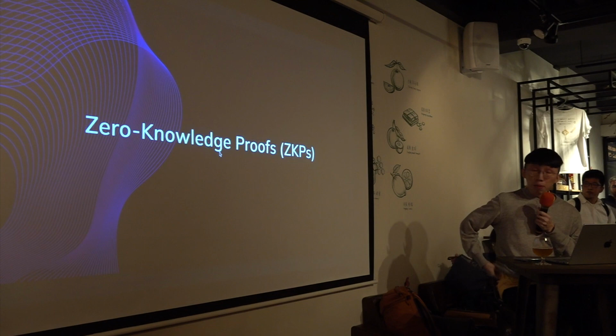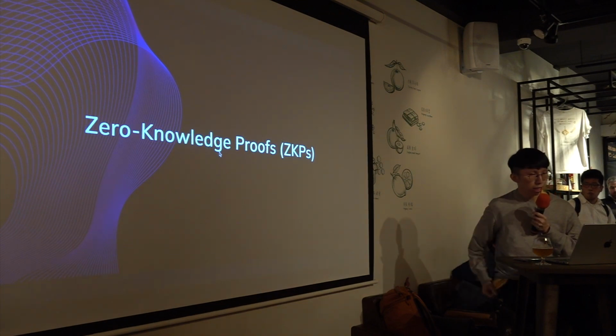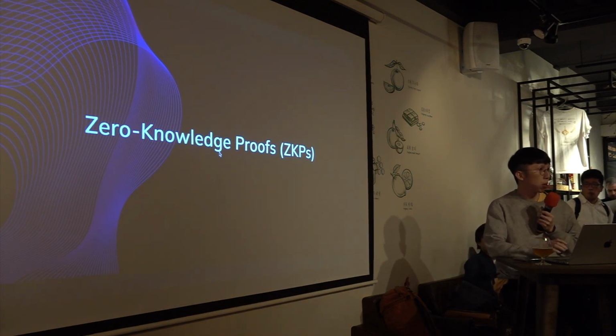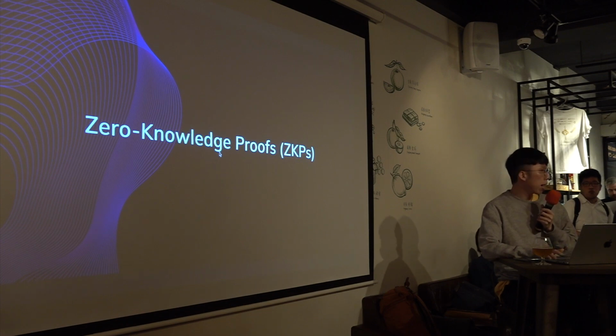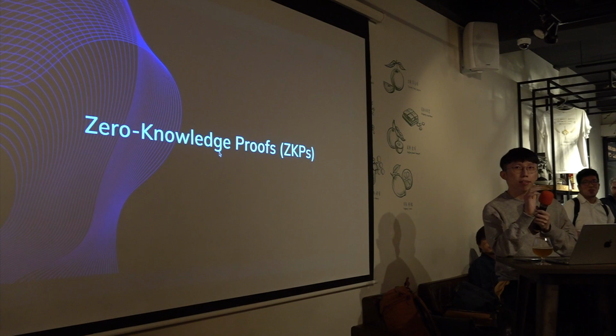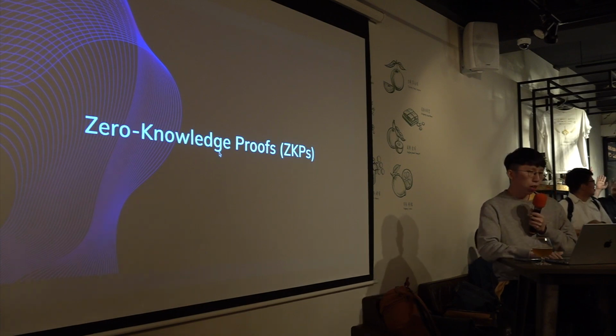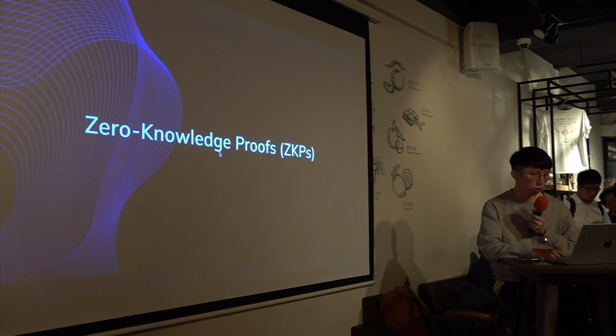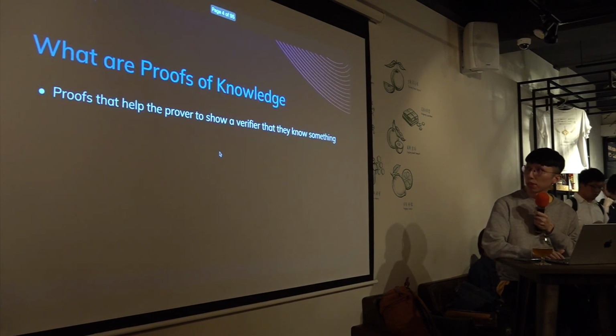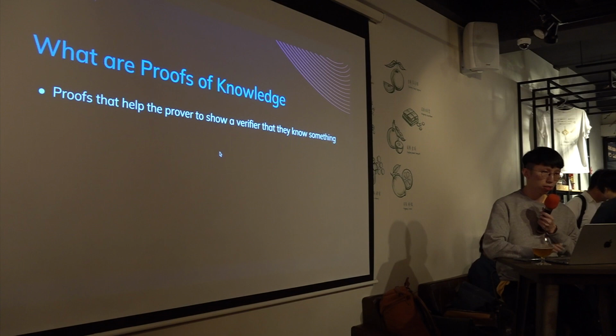So before talking about zero knowledge proofs, has anyone heard about zero knowledge proofs before? Yeah, okay. So before talking about ZKPs, which is zero knowledge proofs, we're going to talk about proofs of knowledge first.